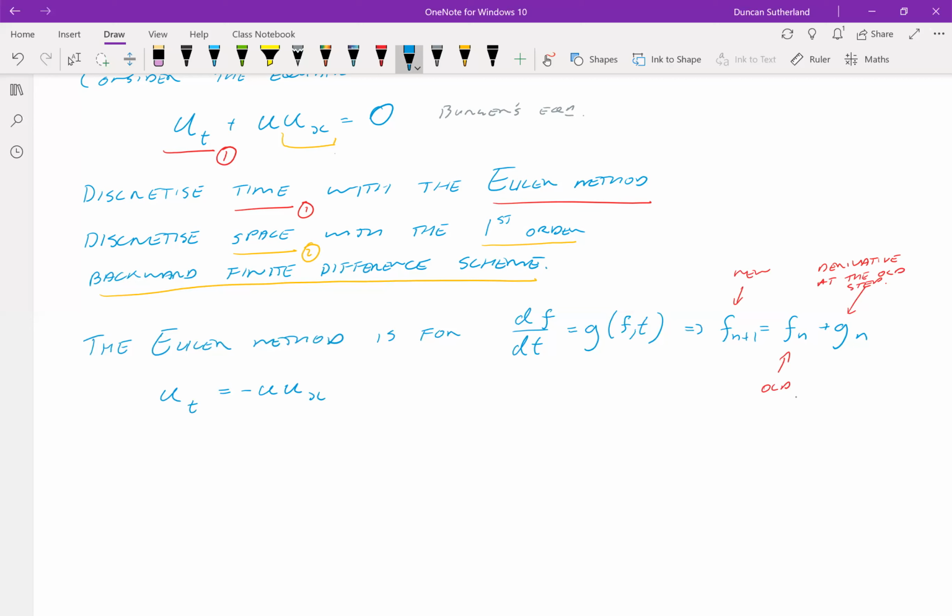Okay, so that's what we've got here. We've got du/dt equals this. So we can apply the Euler scheme. The Euler scheme is u_{n+1}, so this is our new time step.